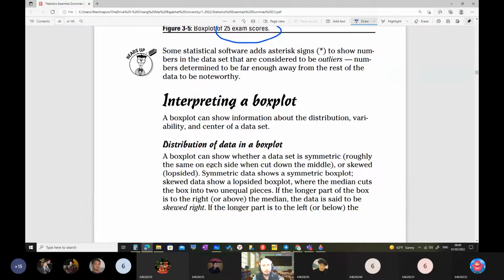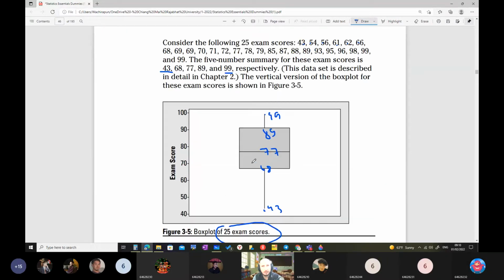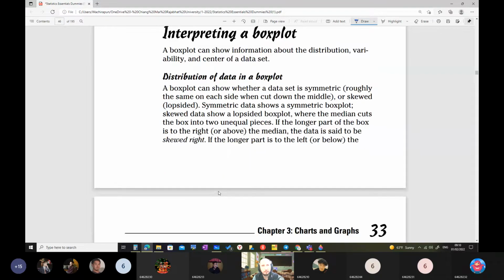A box plot can show whether a data set is symmetrical or skewed, right? You see here, a little more data is in the higher portion. It's skewed, right?